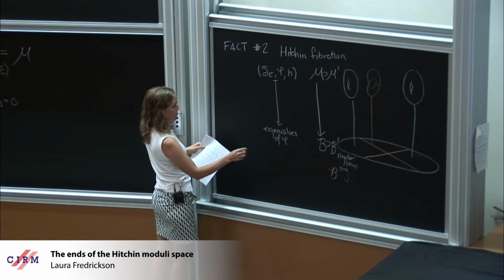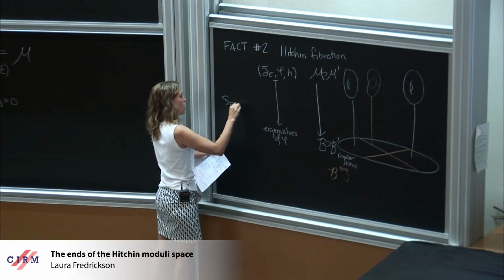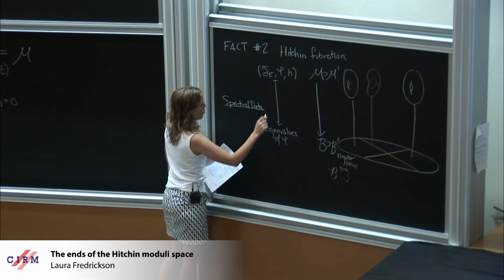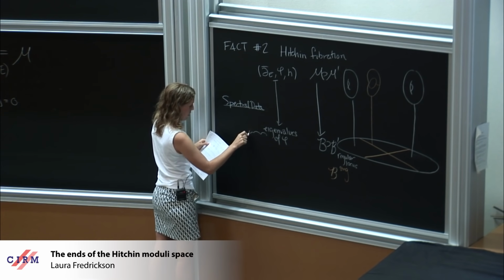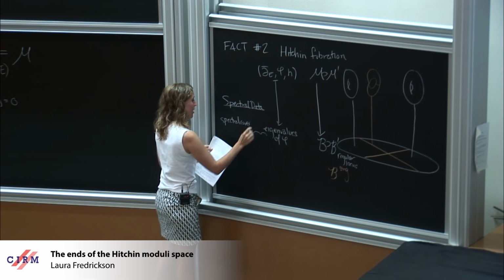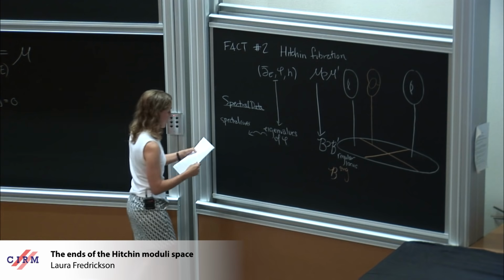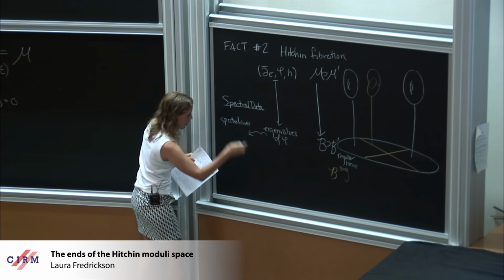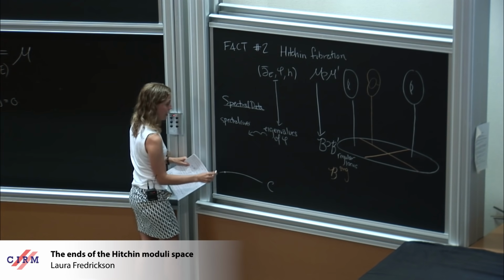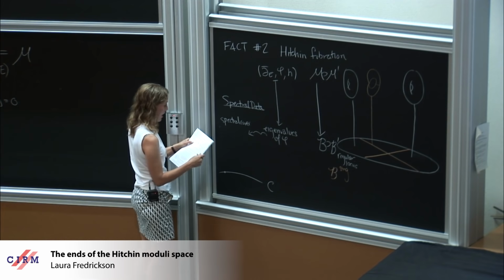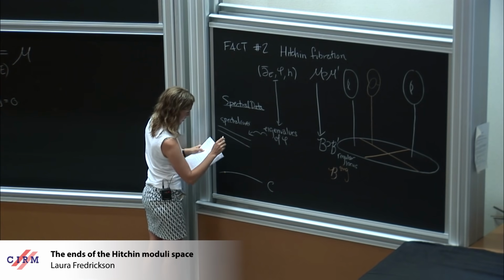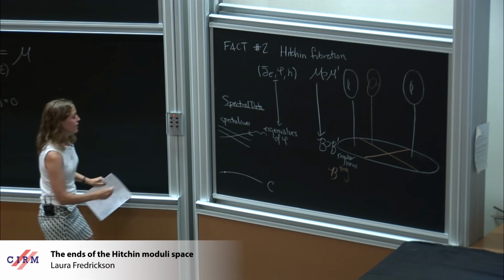So there's this spectral data, where from the data of the eigenvalues of the Higgs field, we're going to give a spectral cover. So the Higgs field is just an n by n matrix valued 1-0 form. And so above any point in your curve, C, you get generically n distinct eigenvalues, which can do some interesting stuff as you move through.